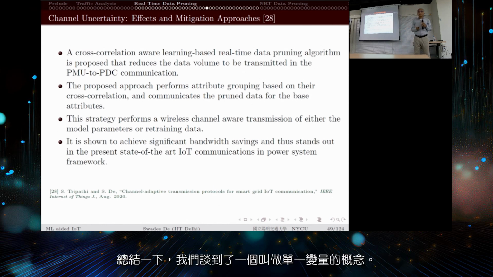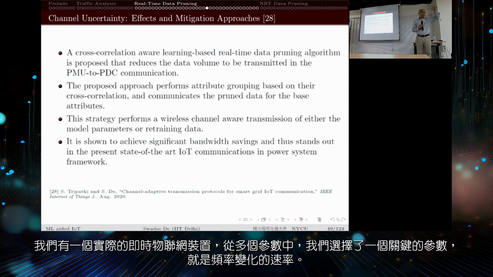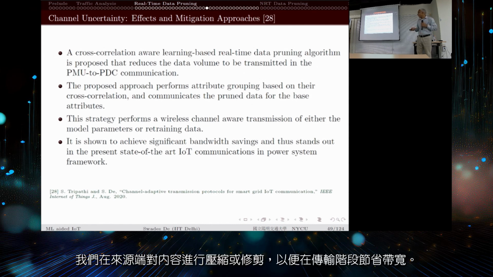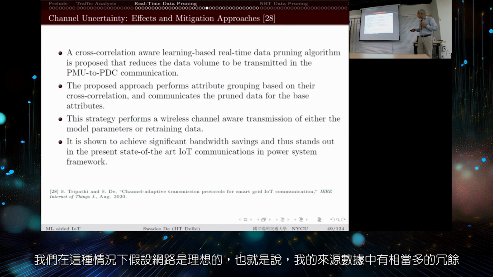Okay, so to summarize, we have talked about the single variate case. We have a real-time IoT device, and out of multiple parameters, we have considered one parameter of critical interest, which is rate of change of frequency, and we are compressing or pruning the content at the source optimally so that we save bandwidth at the transmission stage.